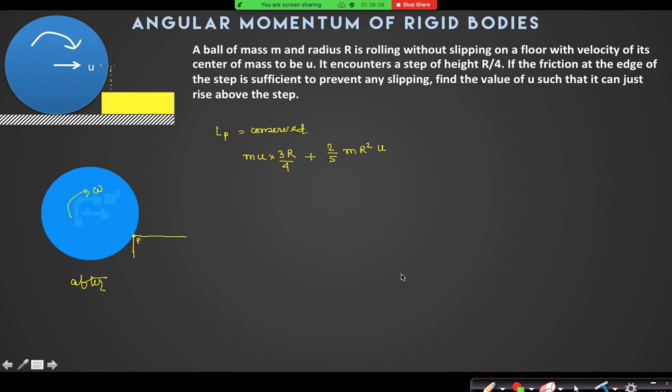Omega is u by r, because initially it was rolling about this point, it was the instant center initially. It was pure rolling.